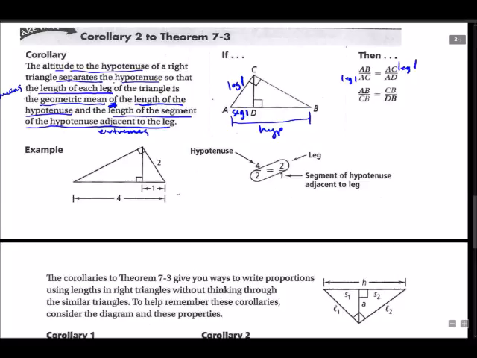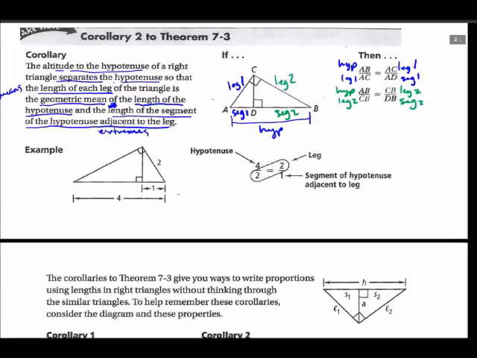Goes in our means position. Here is the entire hypotenuse, and here is segment 1. Here is leg 2, and here is segment 2. So notice here, this is leg 2, leg 2. Those are our means. And still, the entire hypotenuse is on top, but segment 2 is on the bottom.